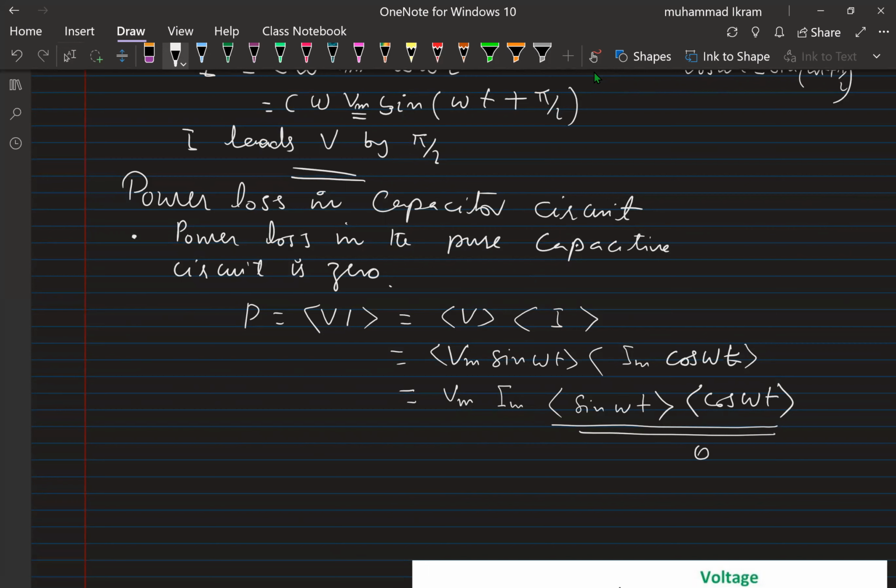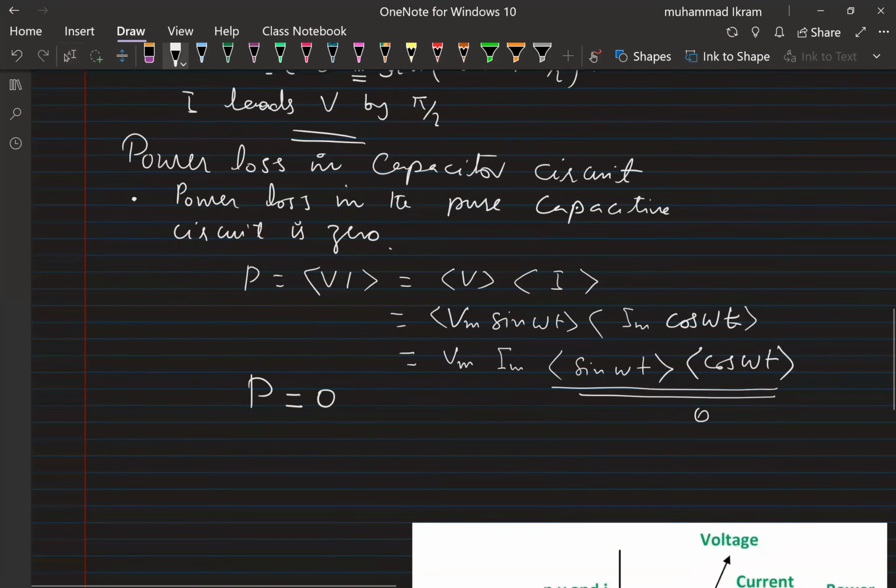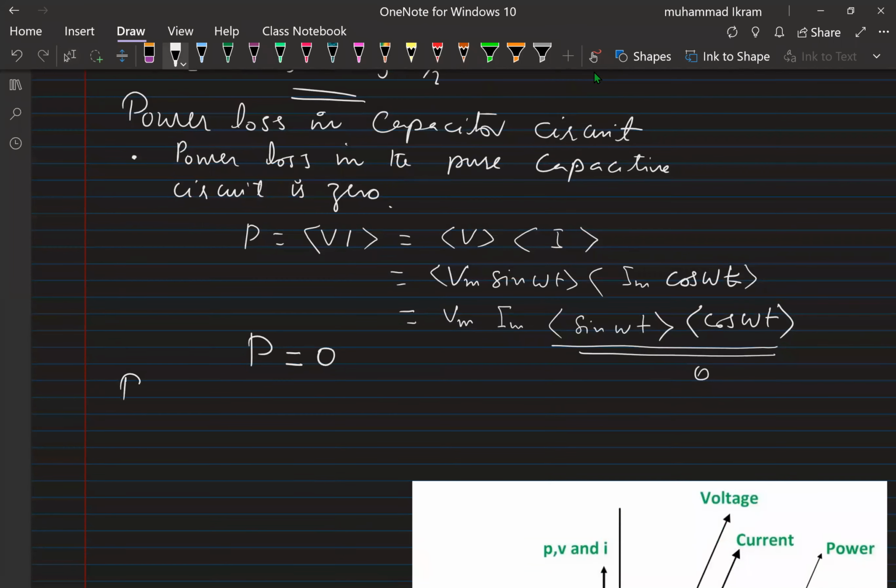So the power loss is 0. Why? The very simple reason is that I and V are pi by 2 out of phase.